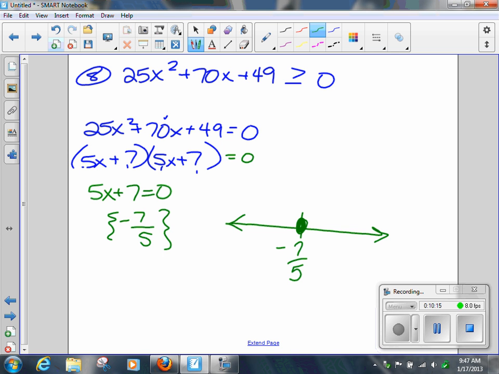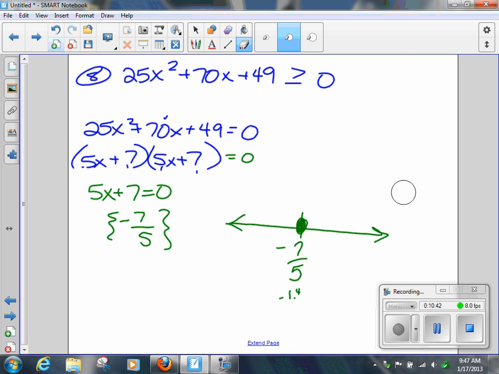All right, so -7/5. I know it's a little over -1, but it's -1 point what? -1.4.